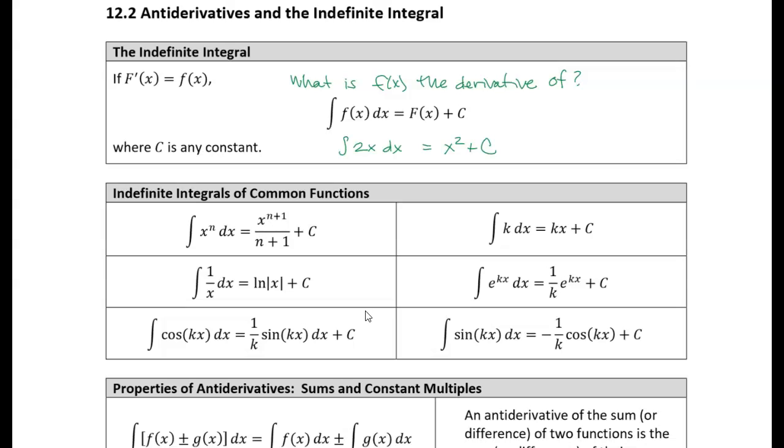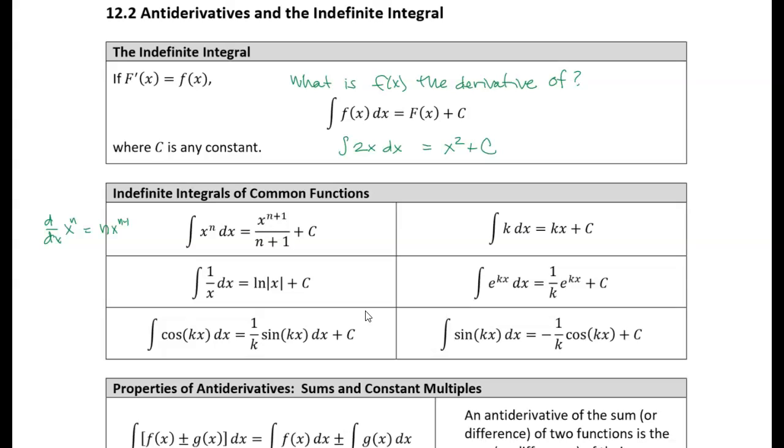We know that the derivative of x to the n is equal to n x to the n minus 1. So if we're going in reverse, we have this situation. The integral of x to the n dx, the indefinite integral, the antiderivative of x to the n, is x to the n plus 1 over n plus 1, and then plus c.